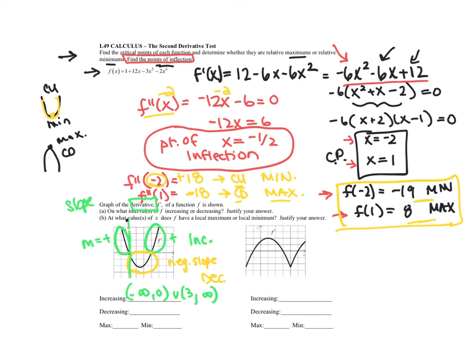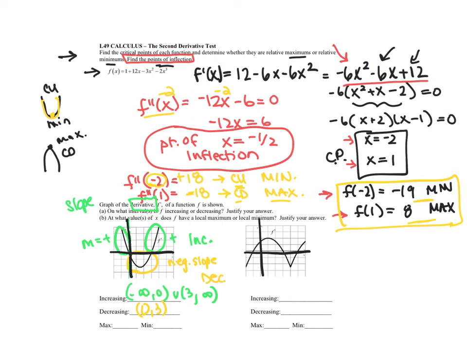Here's my coordinate plane. Now, where it's decreasing is going to go from 0 to 3. And again, it's all parentheses because at those values of 0 and 3, you have a slope that is not increasing or decreasing because it's equal to 0.